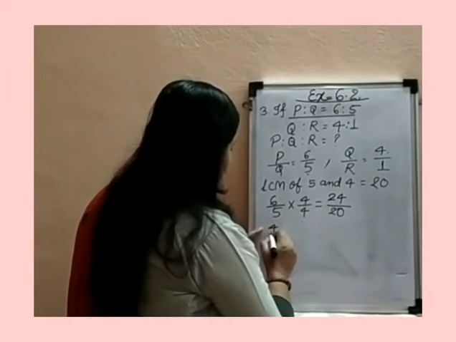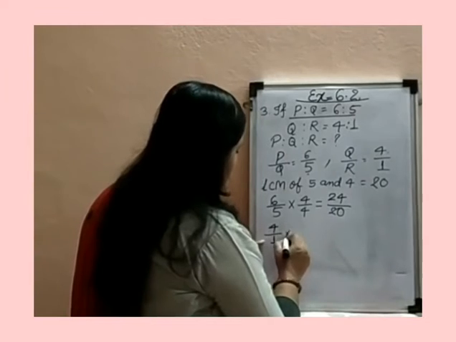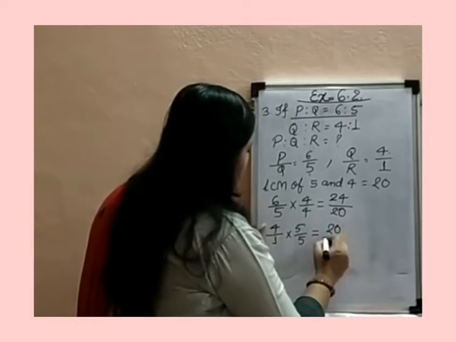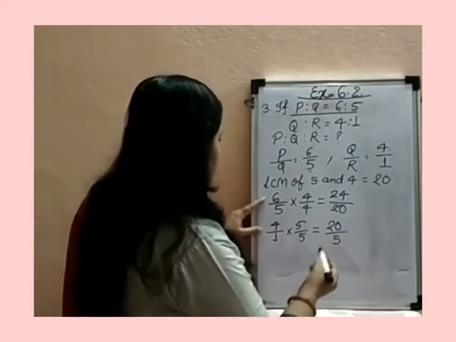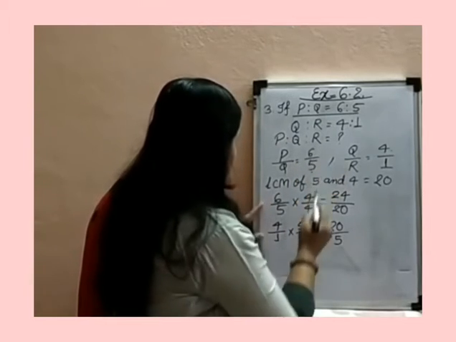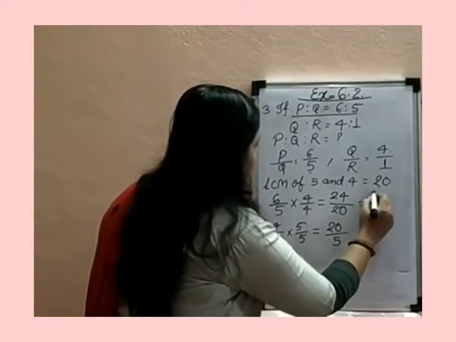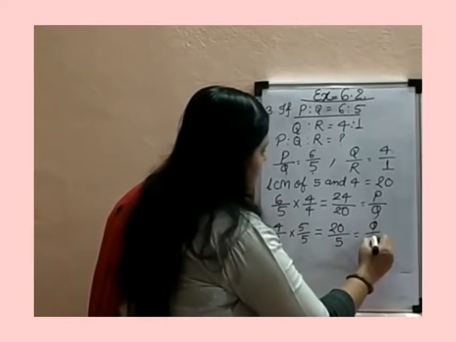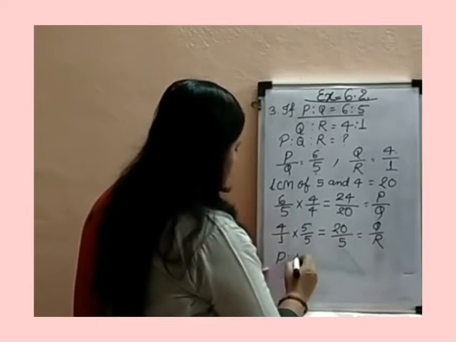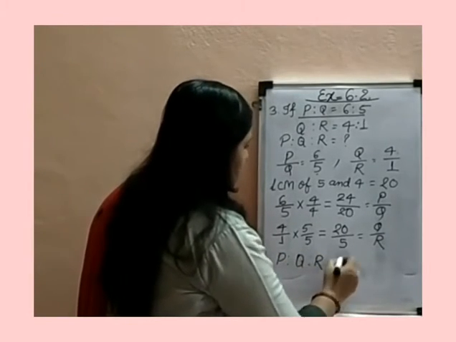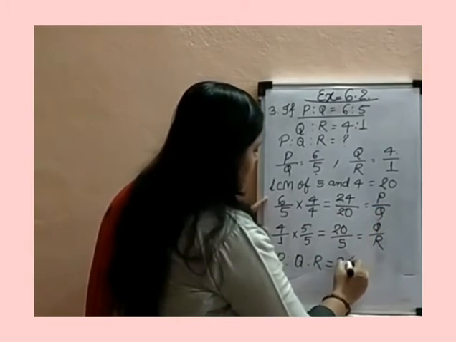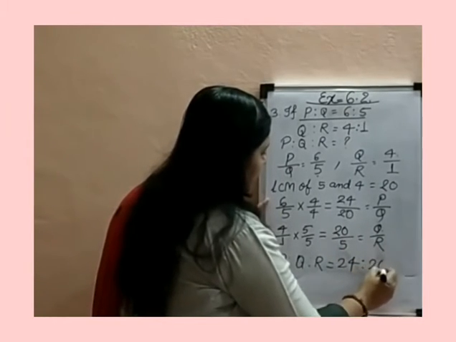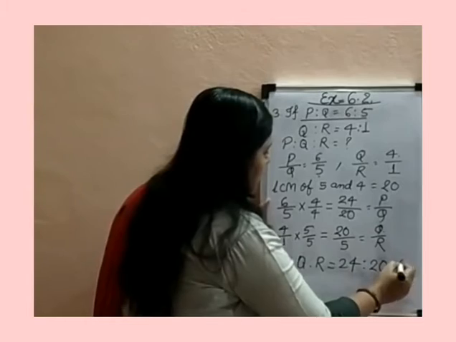Now 4 upon 1 into 5 upon 5, 20 upon 5. Now we can write P is to Q is to R. That is P upon Q and that is Q upon R. So P is to Q is to R equals to, value of P is 24, value of Q is 20 and value of R is 5.